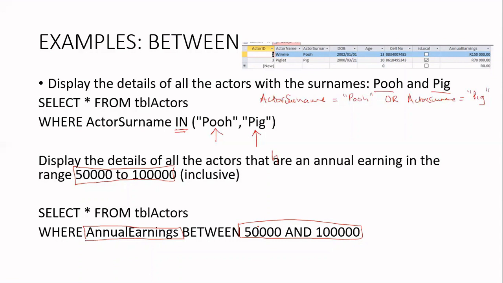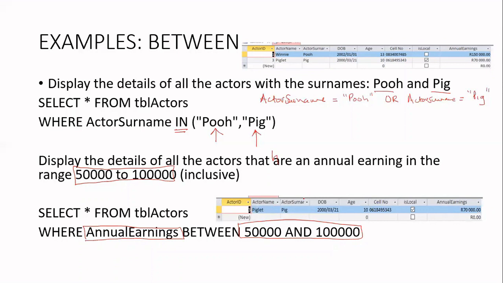That is how you would use the between operator. And in that case, you would then get the range of 70,000, which falls within that range, and Piglet is the only one in that range.